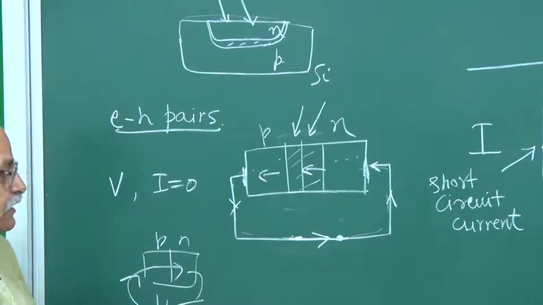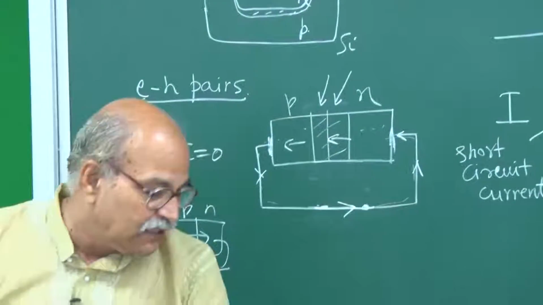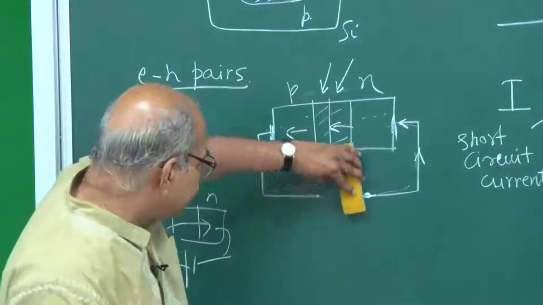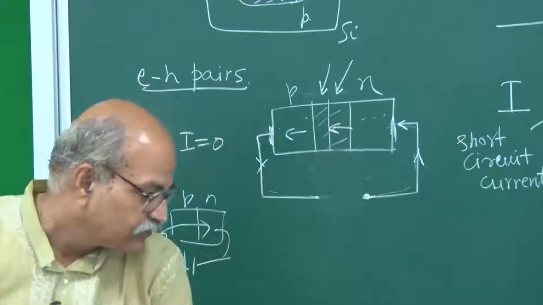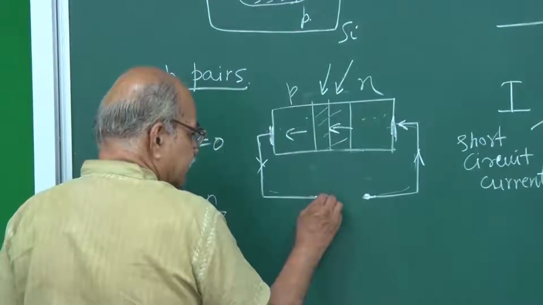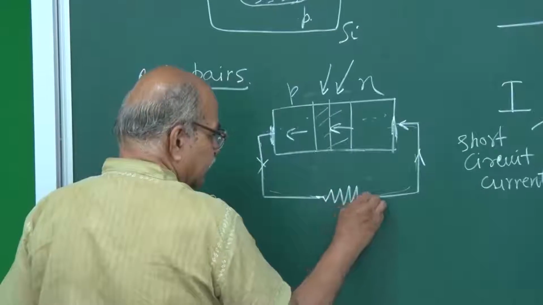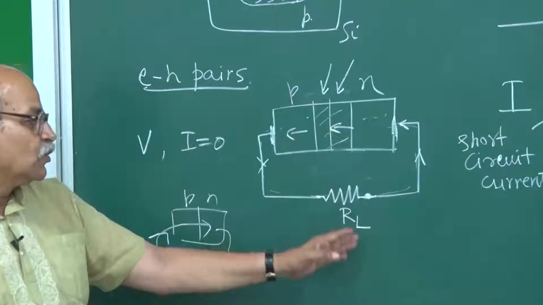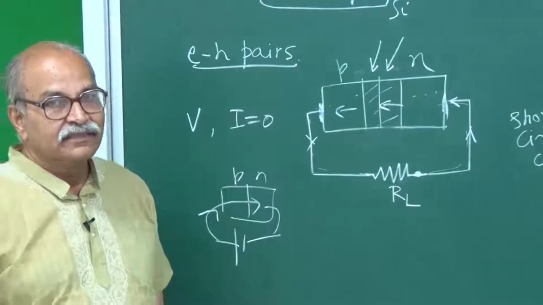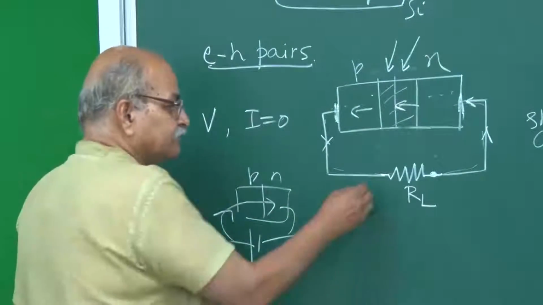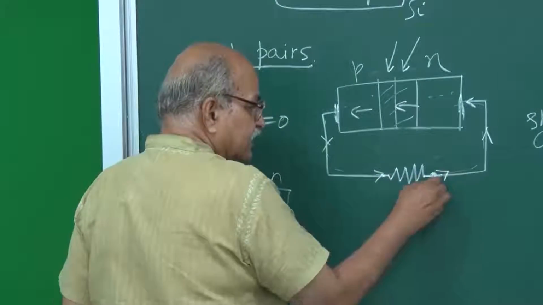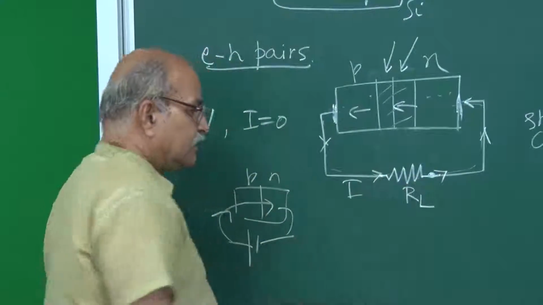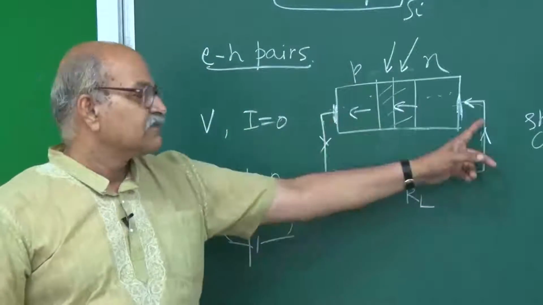Now, in between, suppose I add a resistance here, I connect some motor or some bulb, some load resistance RL is added. The current will be there, and if the current is I, then I times RL will be the potential difference.